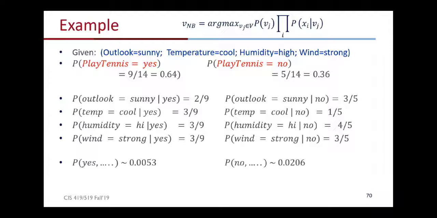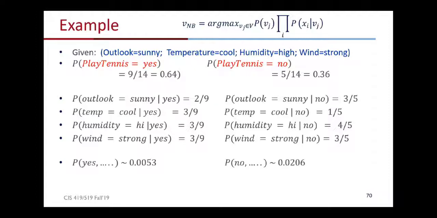On the yes column, I care about outlook being sunny, temperature being cool, humidity being high, wind being strong, and the same thing given no. Given that I'm in the yes column, the product of all these numbers is what I care about. So this is evaluating this where Vj is yes, and then on this column, I'm doing the evaluation of this product given that it's no.